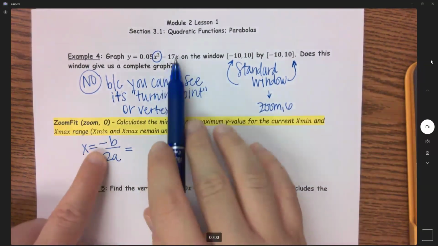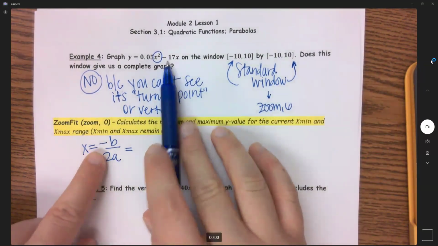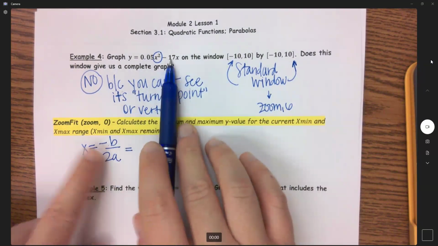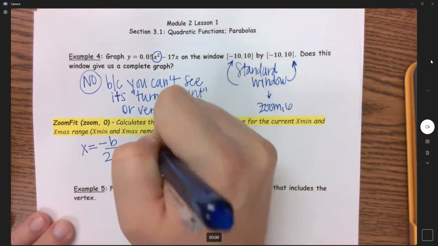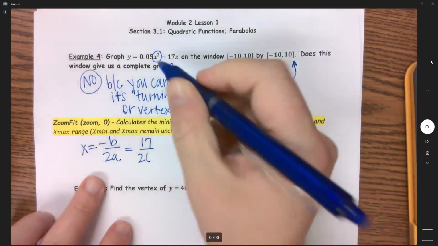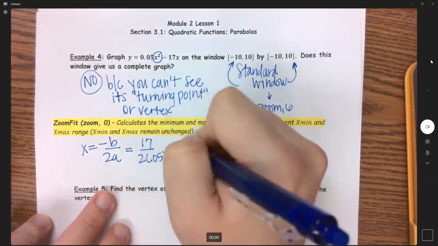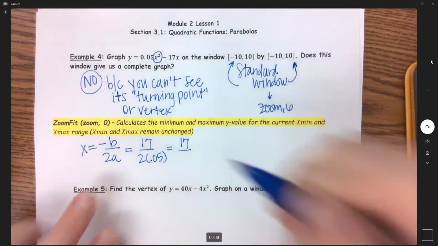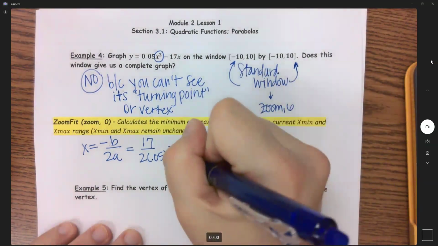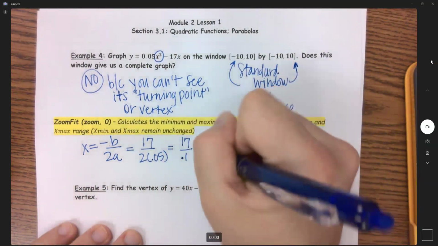So here, my negative b would be 17, because we have negative 17 for positive 17. Over 2 times my a is 0.05. We're going to have 17 over 0.1. That's going to give me 170.